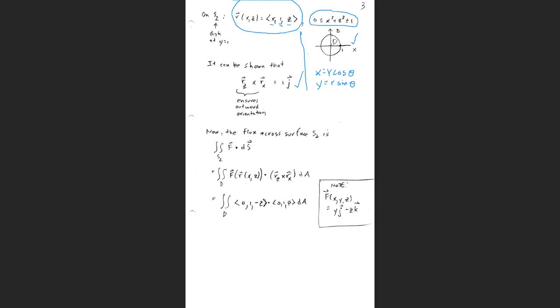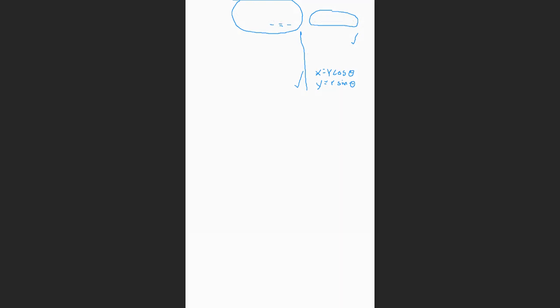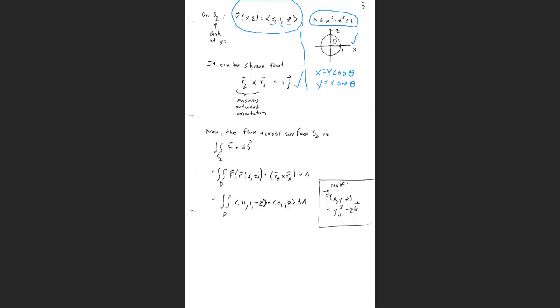You want the normal vectors pointing to the right off of that surface S sub 2, so when you do the cross product of those derivative vectors, you want to match that, with a positive j component, which is 1.